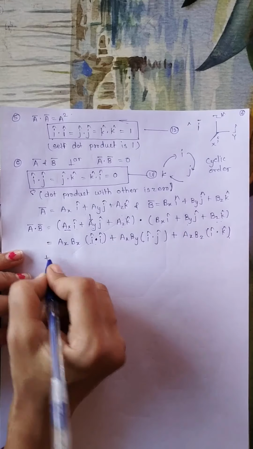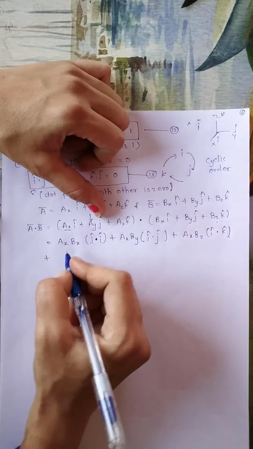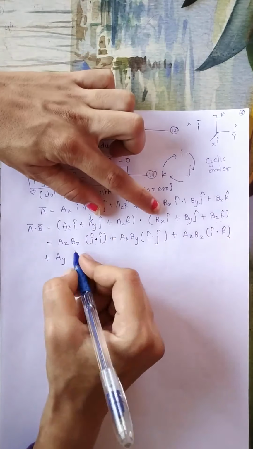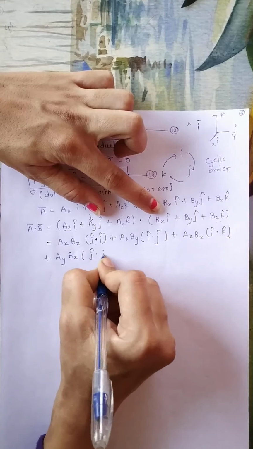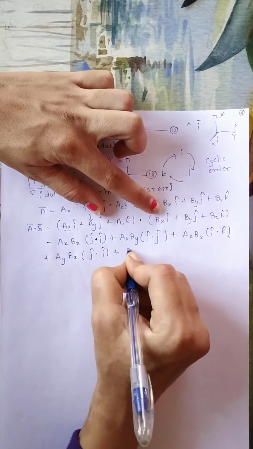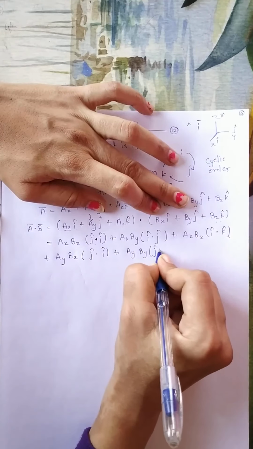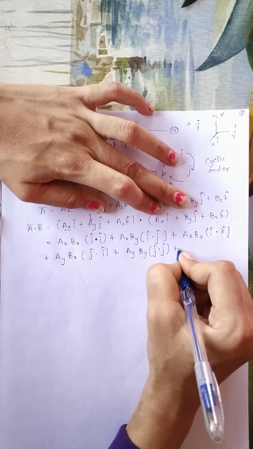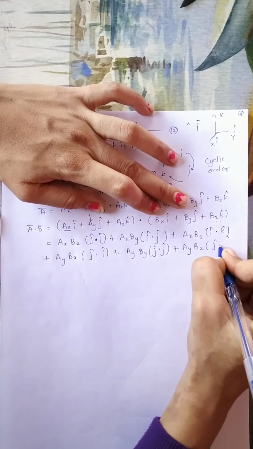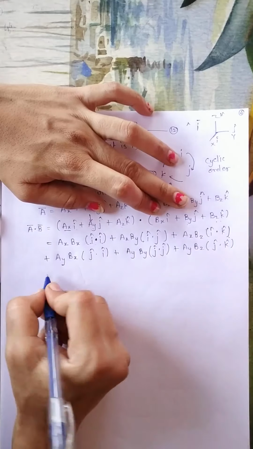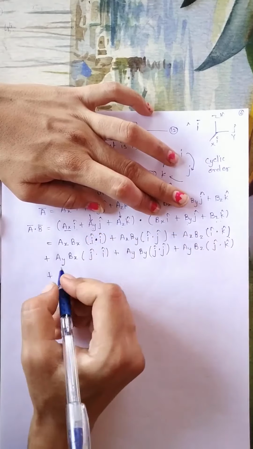So we will get here the next term, take this ay. So here ay into bx, that is j cap dot I cap, plus ay into by, that is j cap dot j cap, plus ay into bz, that is j cap dot k cap, and third we will take this az dotted with this whole bracket.